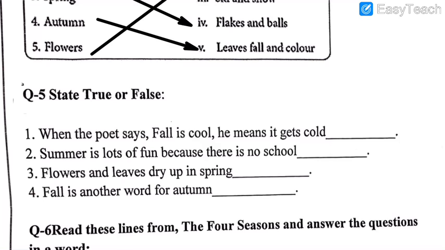Please write the answer whether it is true or false. 5, 4, 3, 2, 1, 0. Again, I will be writing the answers for you to check your answers after all the 4 questions get over. I hope you have written the answer for number 1 whether it is true or false.